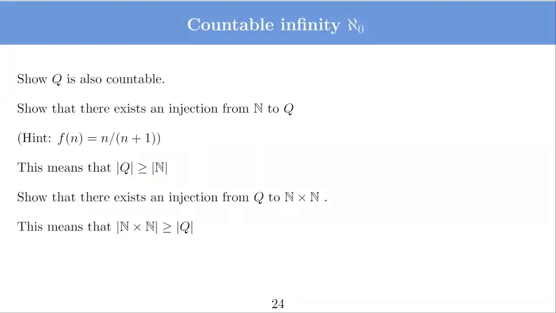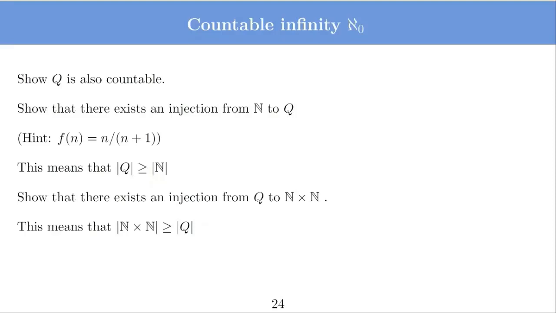Of course, there will be some pairs in N cross N left. For example, if you take 1/2, you will map to (1, 2), so pairs like (2, 4) and (3, 6) are left.